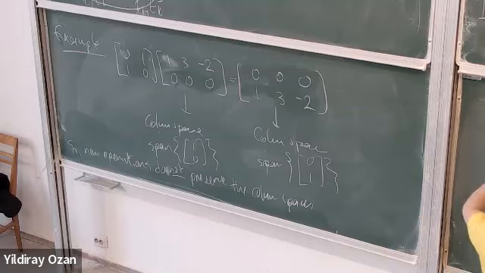Okay, now each vector Fi, these are elements of W. So W is span of F1, Fk. So dimension of this is at most K, right?